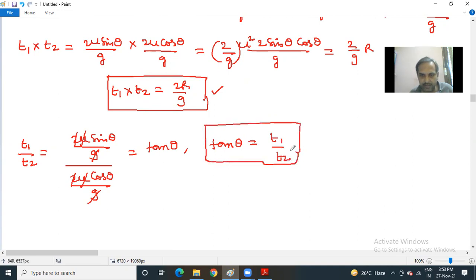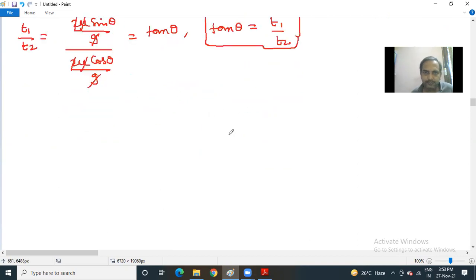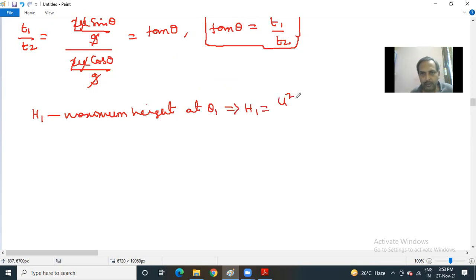Similarly, let us also write H max at the complementary angle. First H1, maximum height at theta. So H1 is equal to u square sin square theta by 2g. Then maximum height at 90 minus theta.